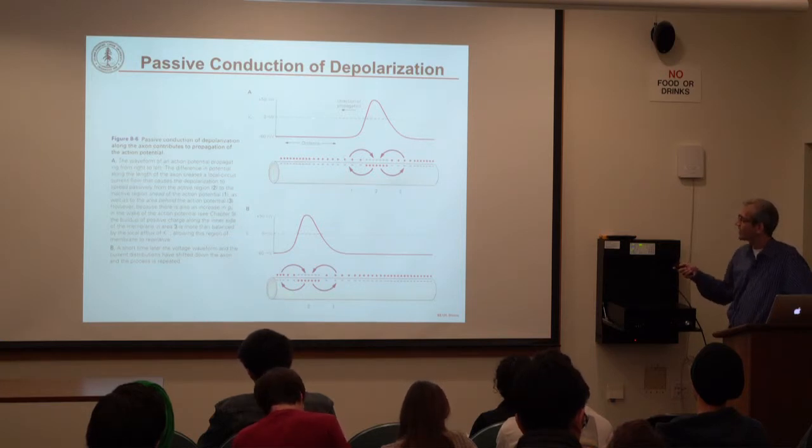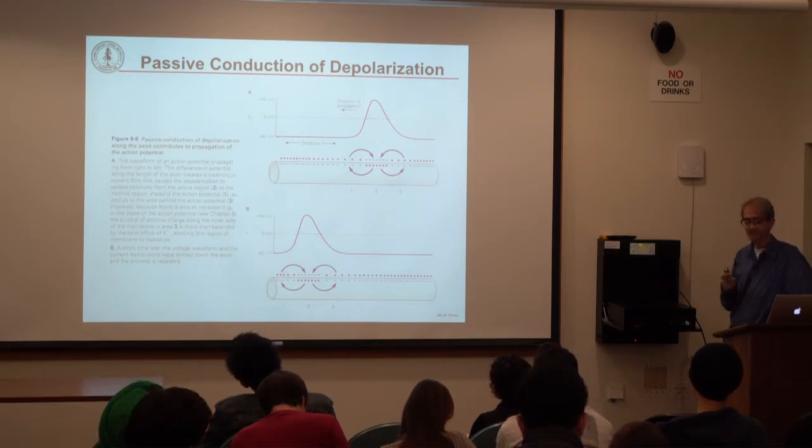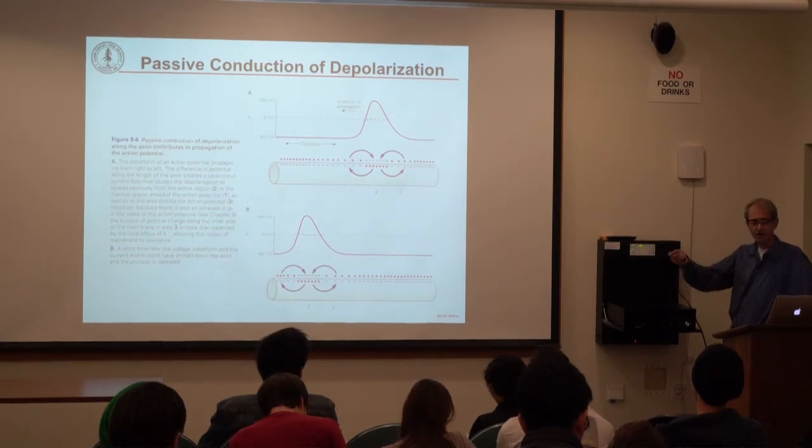But let's say it's propagating to the left. Then you just see the same thing that's happening here, now happening over to the left. Okay? So clearly, the farther this voltage deflection can influence the cell here, you're getting longer range action.